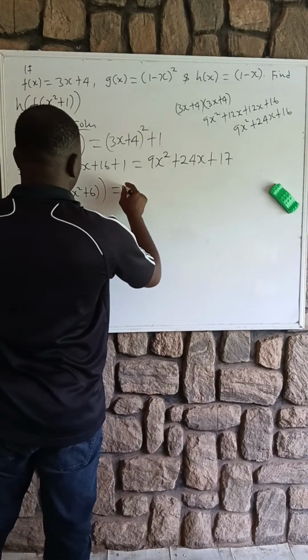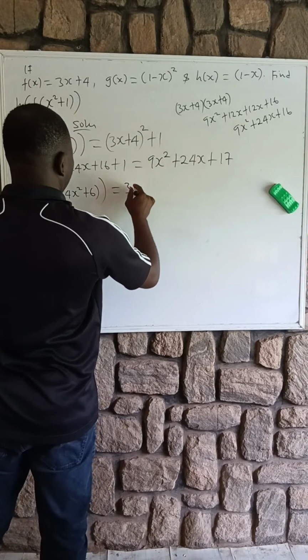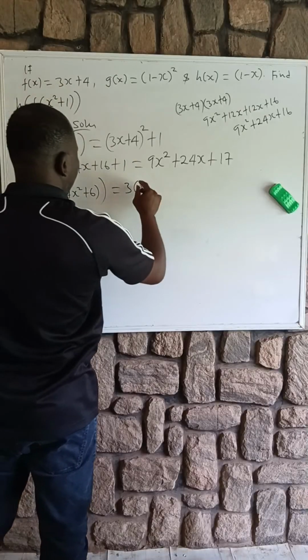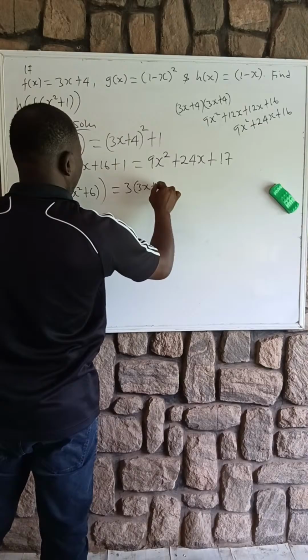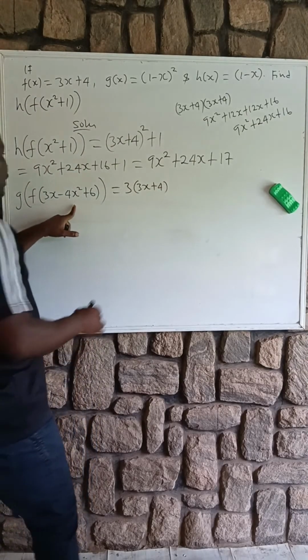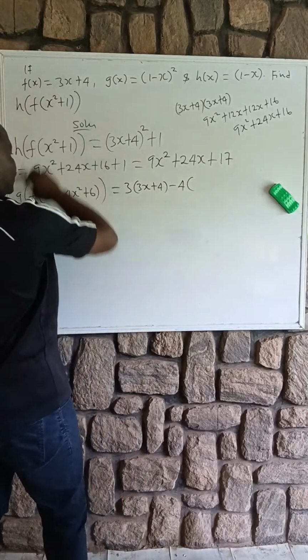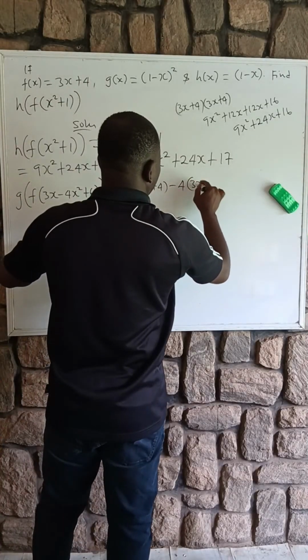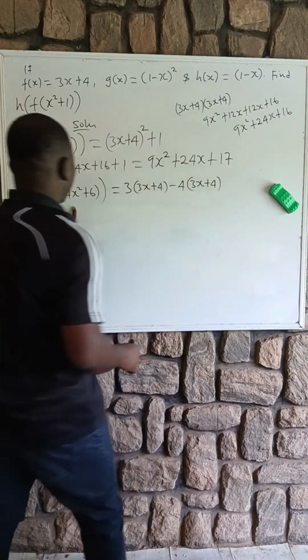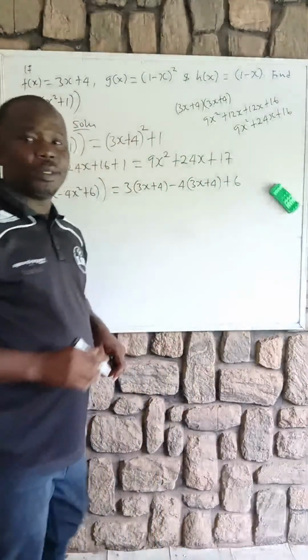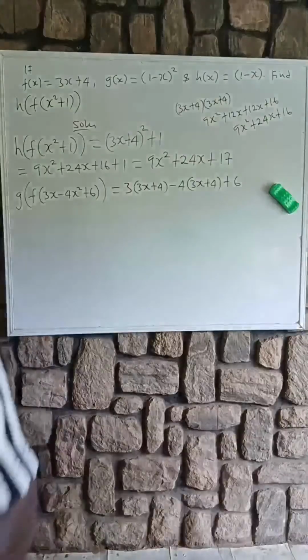Here we are going to have 3 open bracket 3x plus 4, then here is minus 4 open bracket, we write 3x plus 4, then here is plus 6. Do you agree with me? Are you following?